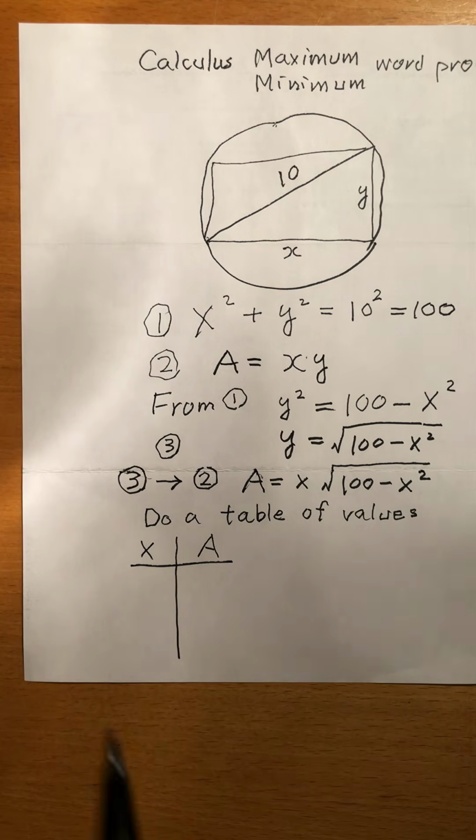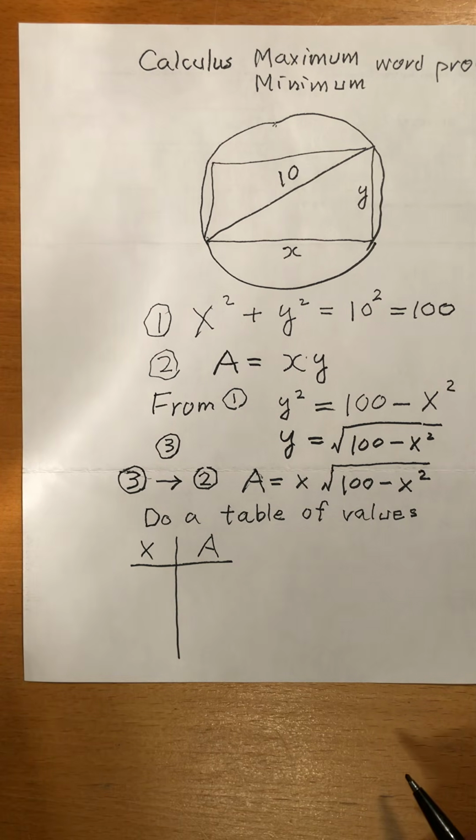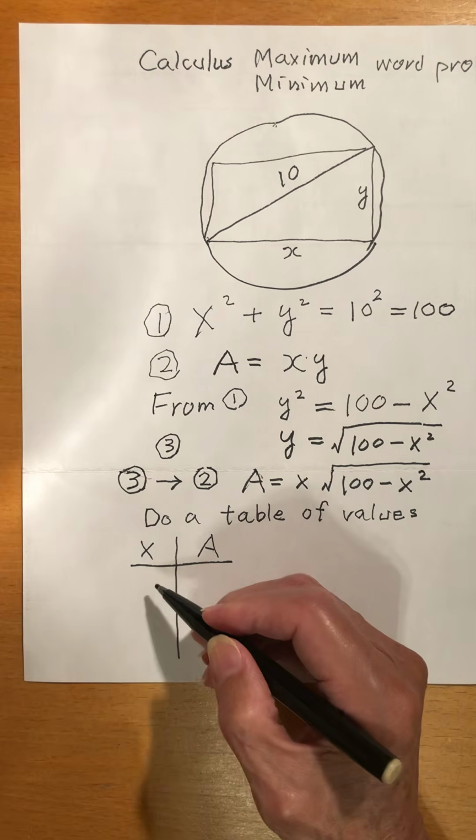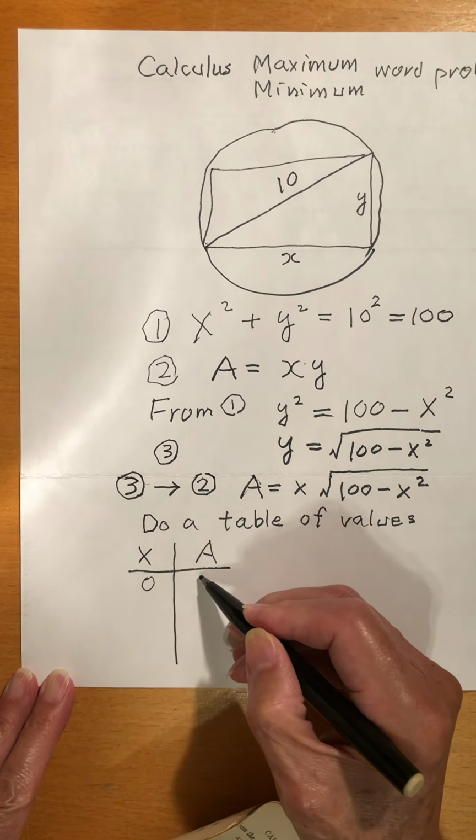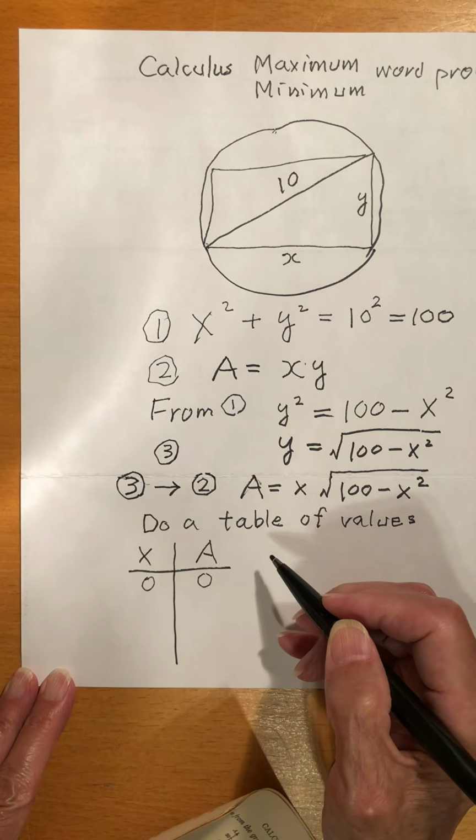this is done, and I just copy down the table values. So in the table, if x is 0, then the area is 0.